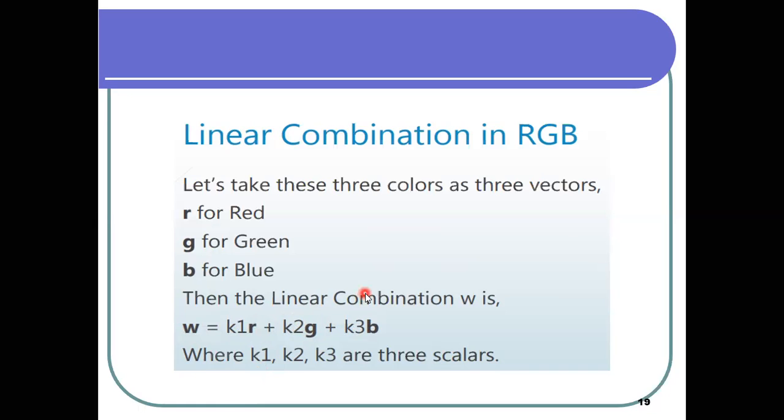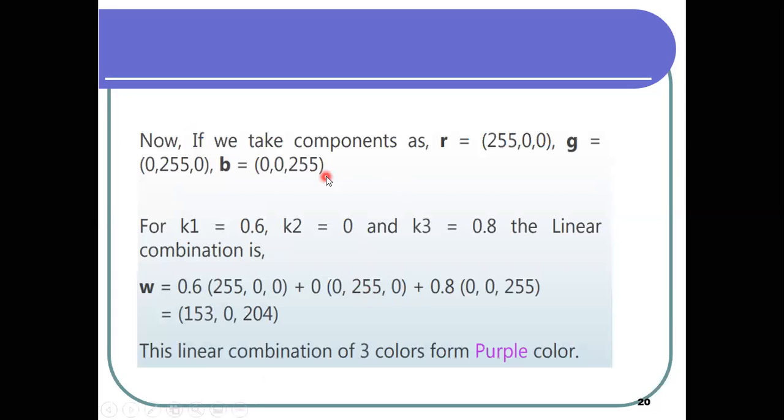If I say K1 is 0.6, K2 is 0 and K3 is 0.8, then the linear combination of these colors is 153, 0, 204. In that case, this is our purple color.